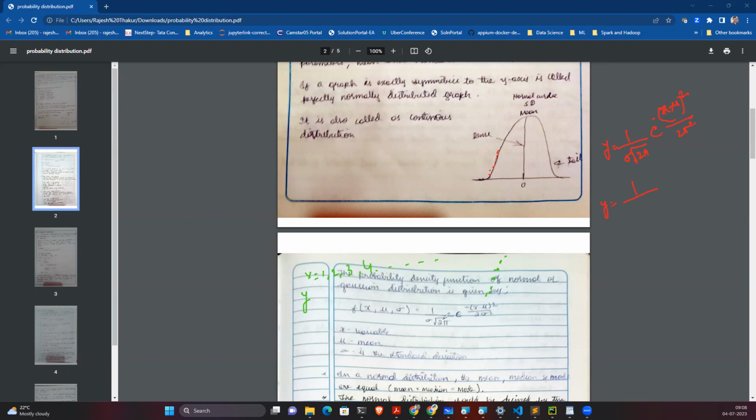Let's suppose I am assuming sigma is 3 and mean is 4. So y equals 1 by 3 square root of 2 pi, e to the power minus (1 minus 4) whole square, because mu is 4, divided by 2 times 3 square. You will get the y value with this.